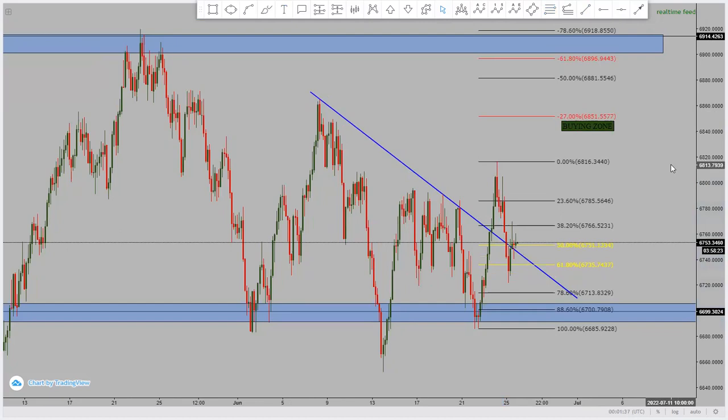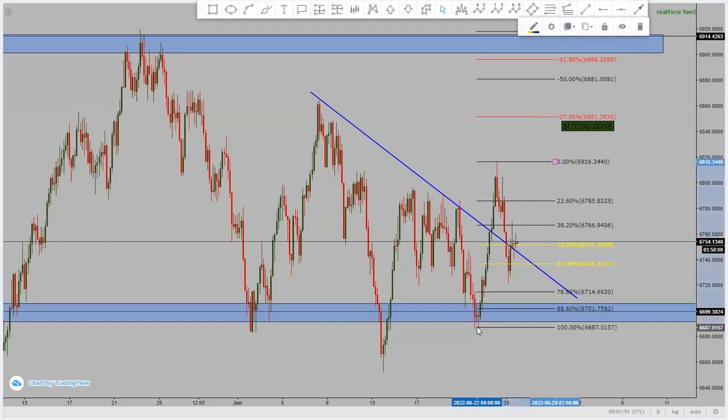Why do you call them golden zones? Those are very beautiful entry points, the 50% and the 61.8 Fibonacci. That's why you see I placed them in gold there, because whenever price is there, I know that is a very, very beautiful opportunity. Right now already I'm seeing a very beautiful buying opportunity.